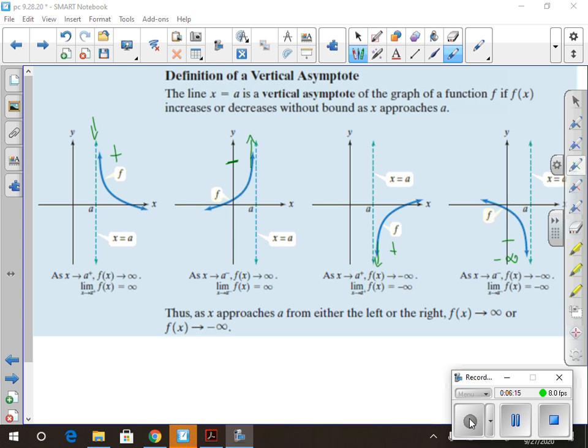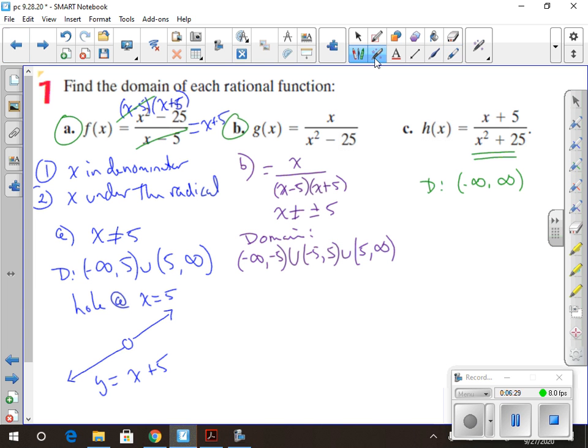Now, this is one where you kind of got to get a feel for it as we go. But we're looking at the function as it approaches a number. If you go back to this, remember as x approached that hole, it won't cross that. But what is the y value as it approaches? Well, the y value is going to approach whatever it is on the graph.